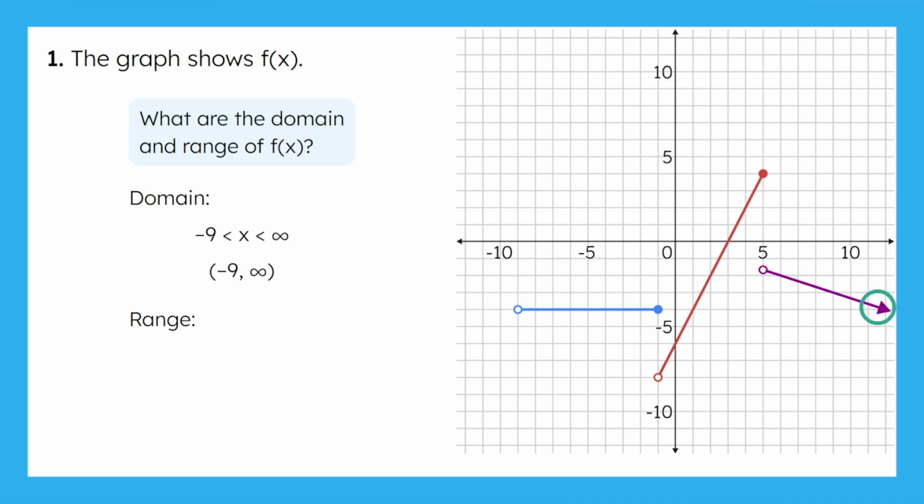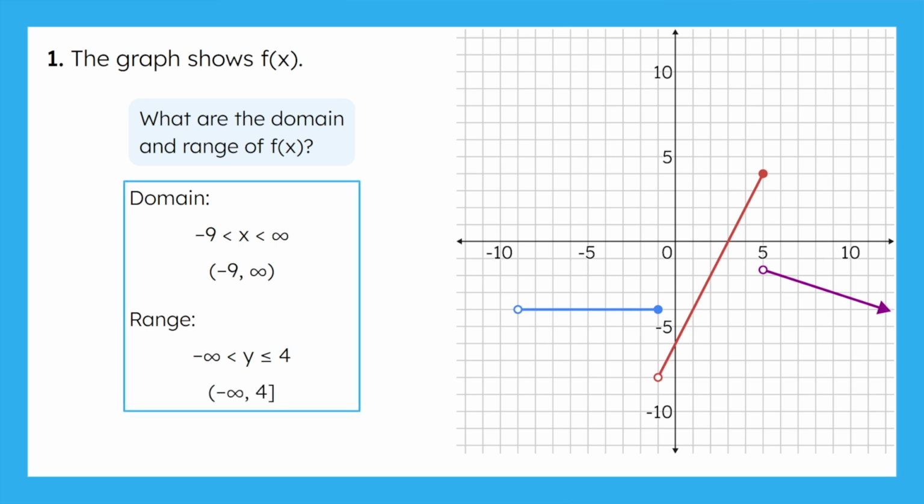Y values all the way down to -infinity can be created, again because of the arrow pointing downward in that last interval. But the largest y value in this function is 4. This time inclusive because of the closed circle. There are no gaps between those values, so the range in inequality notation is -infinity is less than y is less than or equal to 4, and in interval notation, it's (-infinity, 4] with a bracket next to the 4.